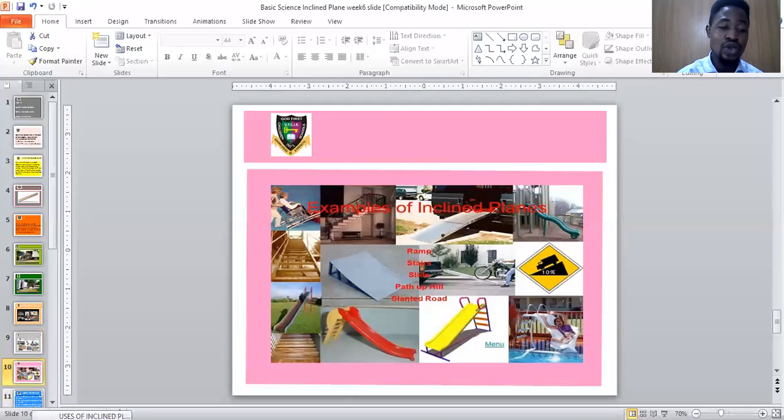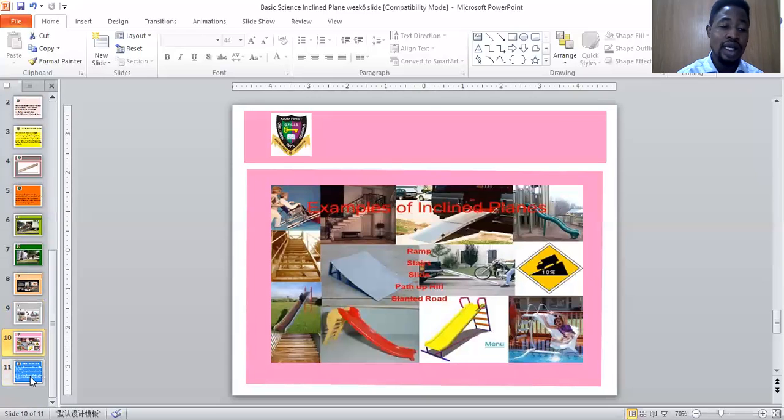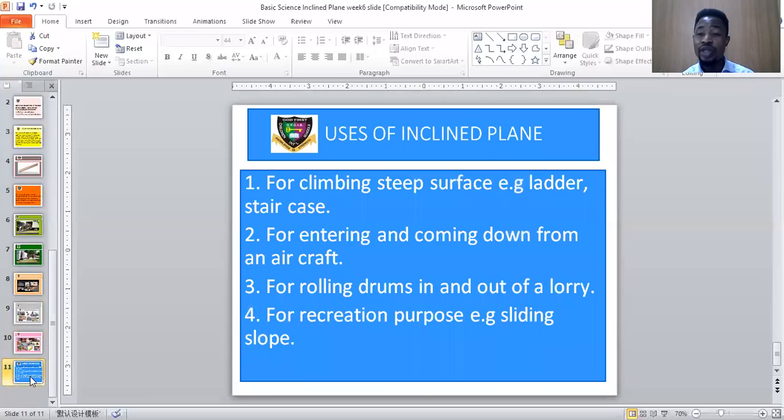So finally, let's go to uses of inclined plane, although I've mentioned some of them. Number one, for climbing steep surfaces, e.g. ladder, staircase. Number two, for entering and coming down from an aircraft.